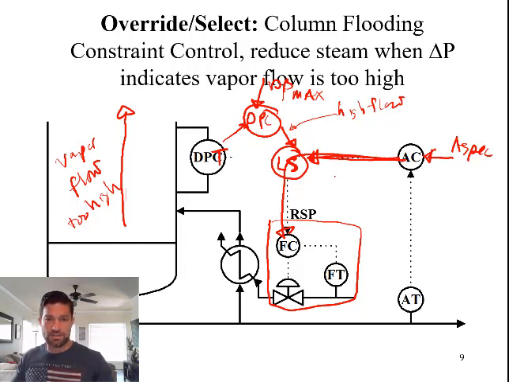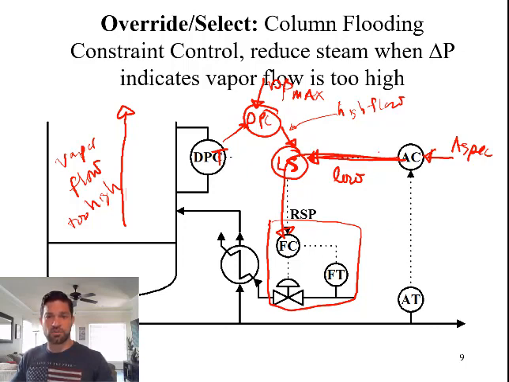During normal operation, this signal is relatively low. The flow of steam is going to be relatively low compared to the maximum steam flow that would get us to our maximum delta P. Once the composition gets out of spec and the system starts asking for a higher and higher flow of steam, delta P is going to increase. Eventually the delta P is going to reach this DP max. Once it does, we will be at the maximum flow.